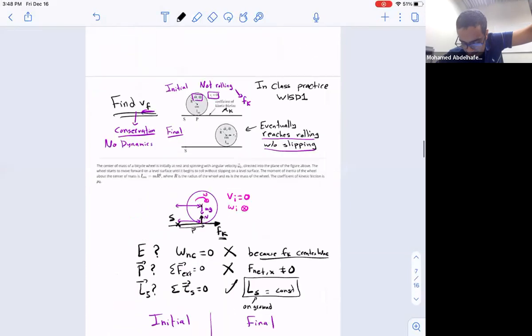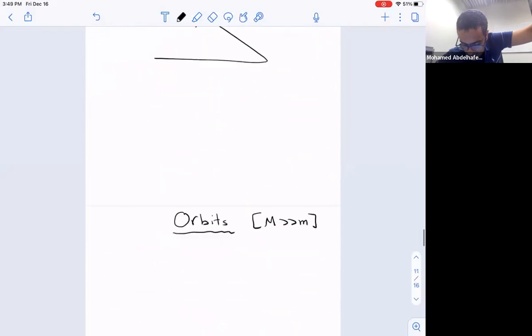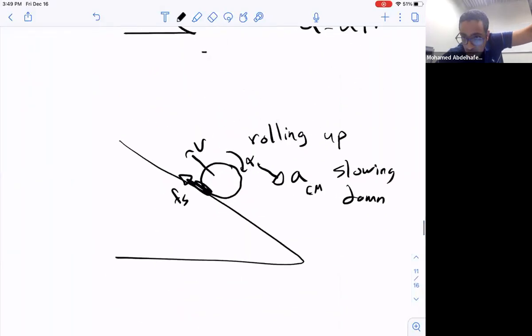Are you talking about rolling up the inclined plane? So VCM is up, it's moving up. That's VCM. But it's still accelerating down because there's still the force of gravity slowing it down. Acceleration is not the same as velocity.